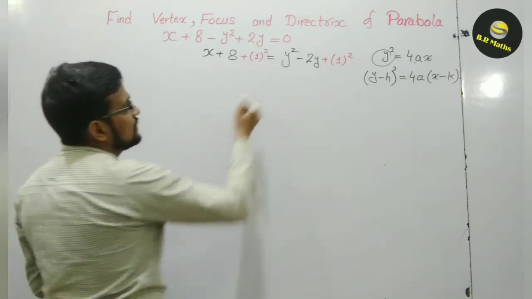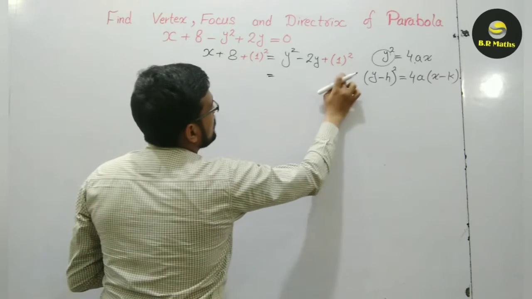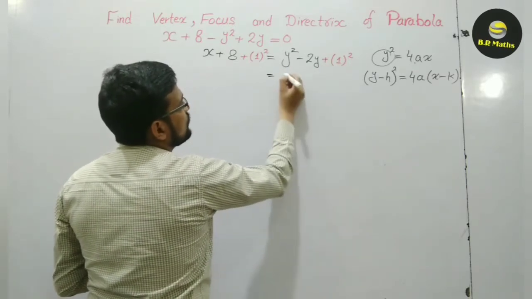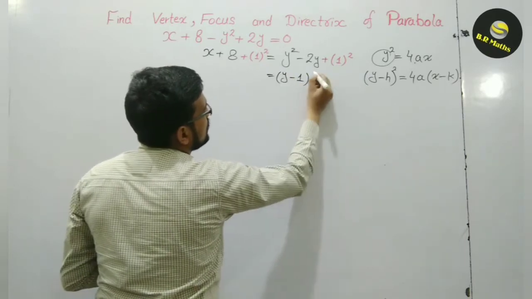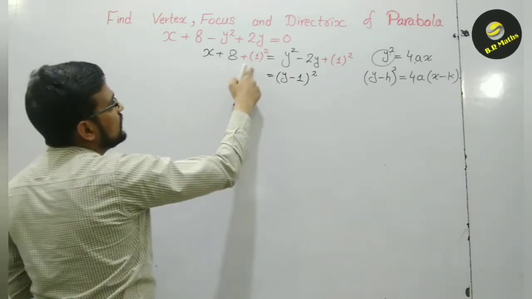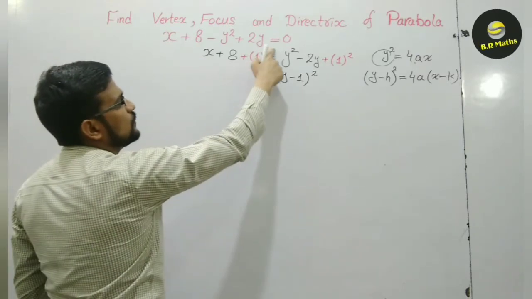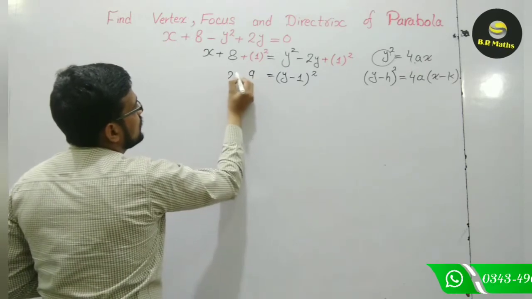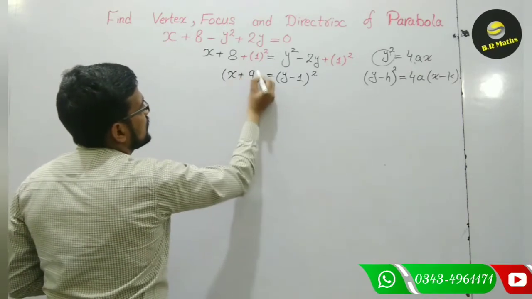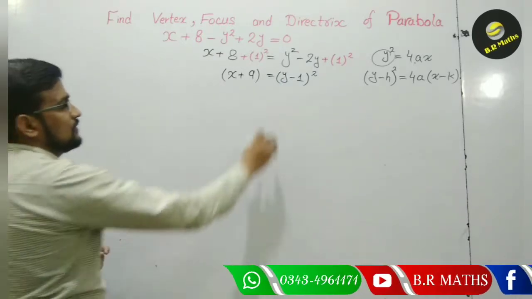Then, according to the completing square formula, this becomes (y - 1)². And this side, x + 8 + 1², which is 1, means 9, so x + 9.